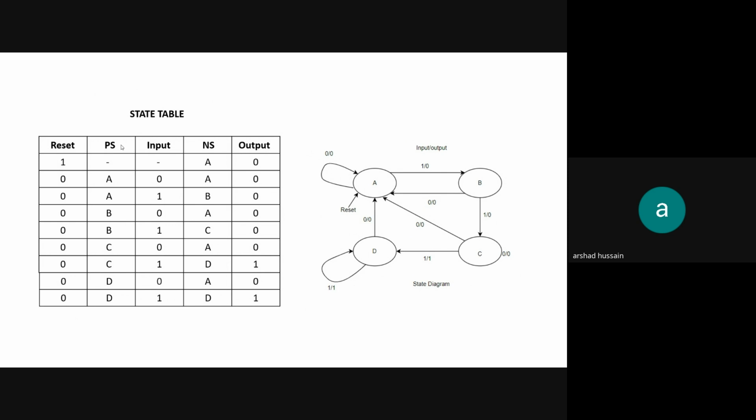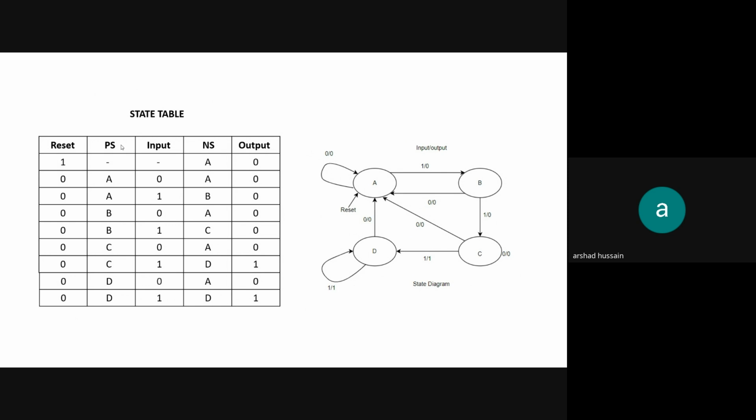So in B, if we get another one, I go to the next state, which is C, and similarly for C, if we get another one, it will move to the next state, which is D. So after getting three consecutive ones, it will be detected, and the output will become 1. In D, if we get one more 1 after that also, the output will remain at 1 only.